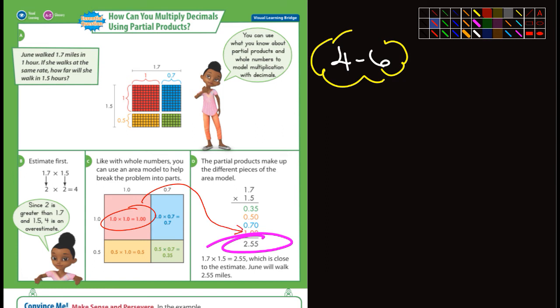And then they did 0.7 times 1, and that's in the blue. And then they did 1 times 0.5, and that's in the orange right there, or the brown, depending on your eyeballs. And then finally 0.5 times 0.7 is 0.35. And then they just added them all up. Okay? So that's how they do the partial products.